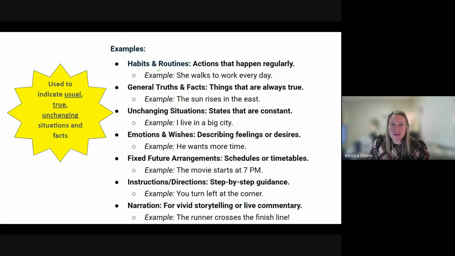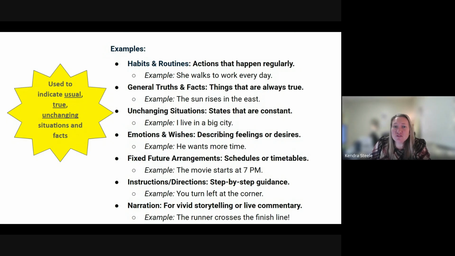Routines are part of that, but also schedules. The movie starts at 7 p.m. Starts is in the present simple tense. And even though the movie will begin later in the future, it is part of a schedule, part of a routine, a time that doesn't change.